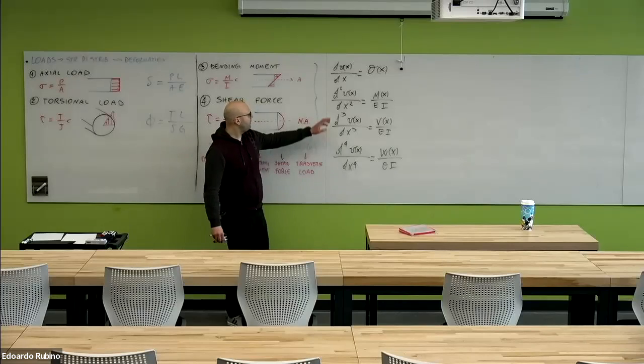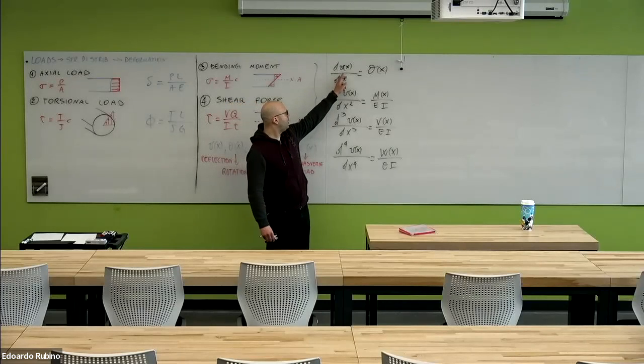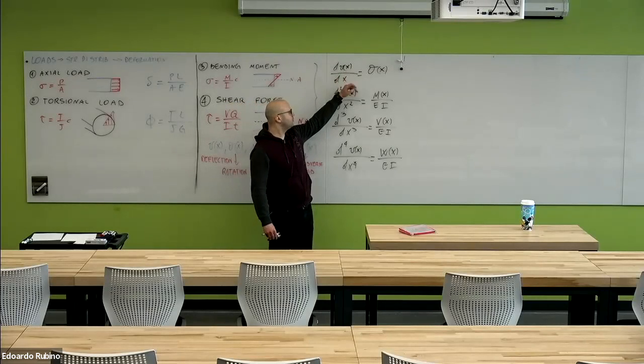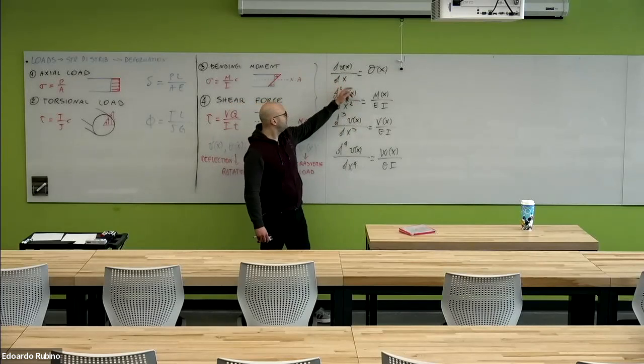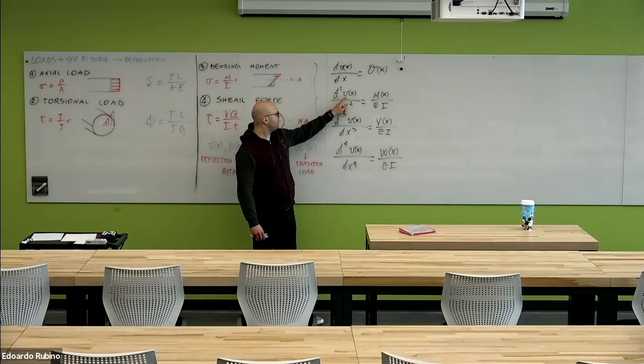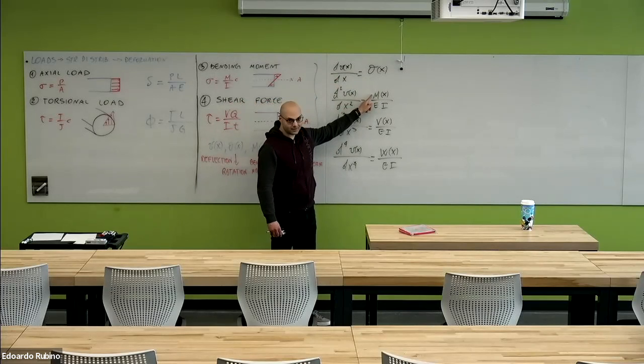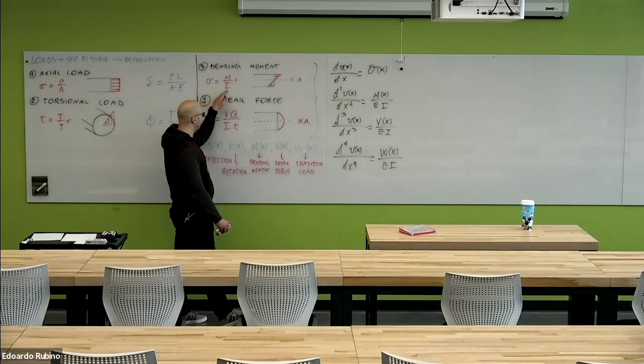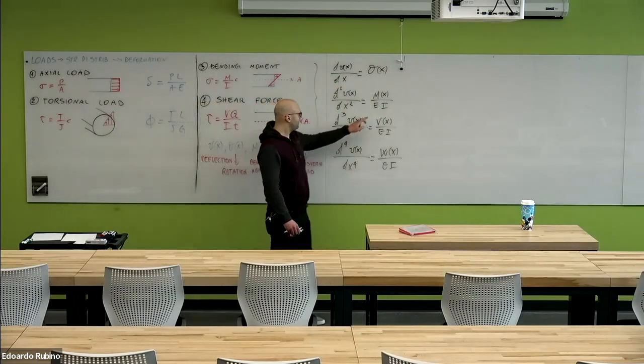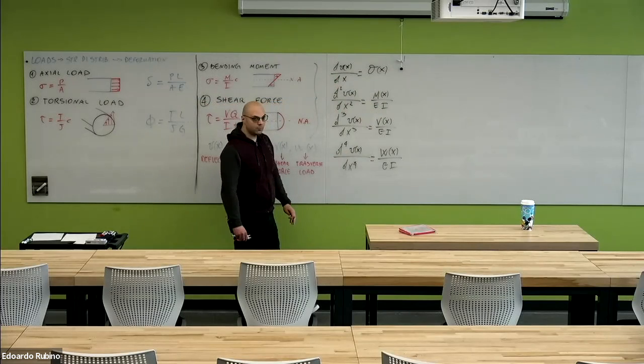All right, here we have that the first derivative of the deflection with respect to the axial coordinate is equal to the rotation. Then the second derivative of the deflection with respect to the axial coordinate is equal to the distributed bending moment divided by EI. I is always the moment of inertia, and E is the Young's modulus.